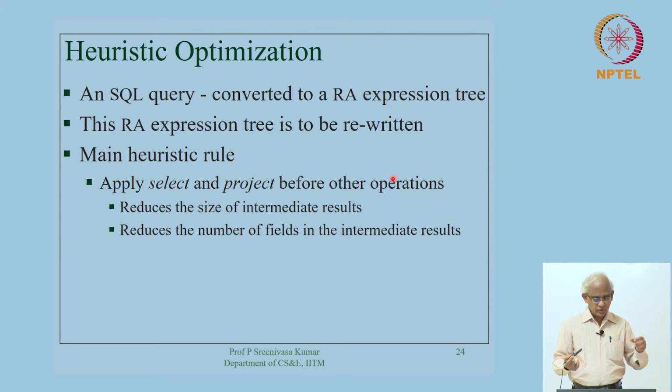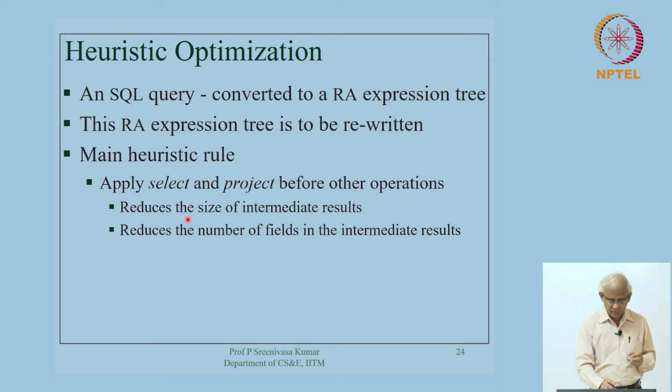Now one of the heuristics that we will apply is to push these selection and project operators all the way towards the leaves. If you do that, then right at the initial stage, because you are executing the relational expression in a bottom up manner, you would have reduced the number of tuples that go into these operators, right?